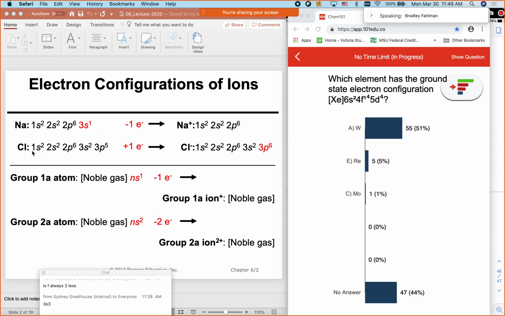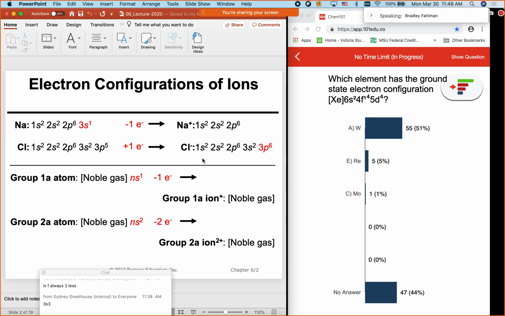Okay. And for chlorine, you're adding one electron to this. And so this is why the halogens like to add an electron. This is why Cl minus is so preferred, because this configuration has all of the orbitals filled. Okay, so it's a noble gas configuration. And likewise, sodium plus, if you take one electron away, you also have a noble gas configuration.